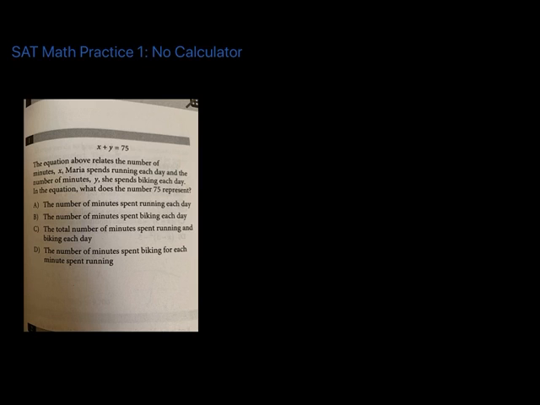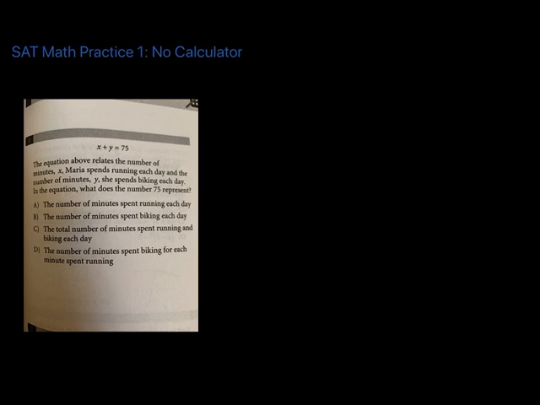In the equation, what does the number 75 represent? The options are A, the number of minutes spent running each day, B, the number of minutes spent biking each day, C, the total number of minutes spent running and biking each day, and D, the number of minutes spent biking for each minute spent running.